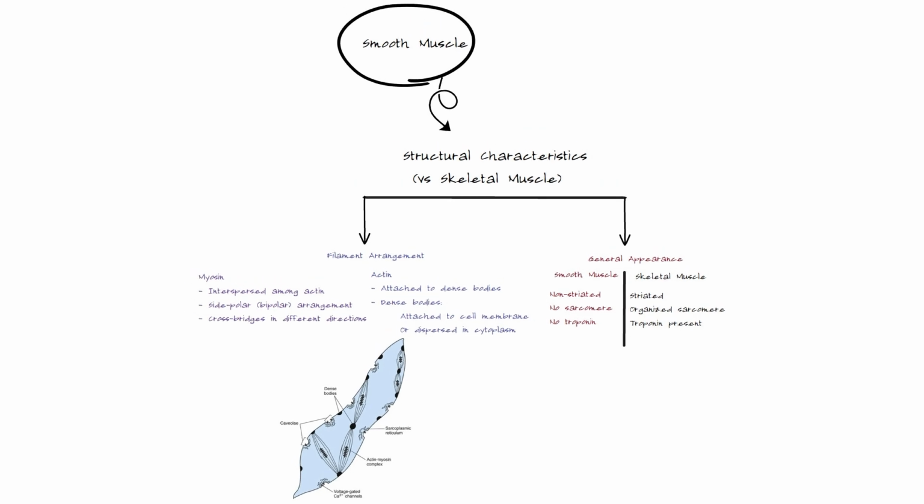And regarding the myosin, it is interspersed among this actin. It has a bipolar arrangement, so cross bridges in different directions occur due to this, and also there is no troponin in this contractile filament, and the contraction still depends on calcium and ATP.